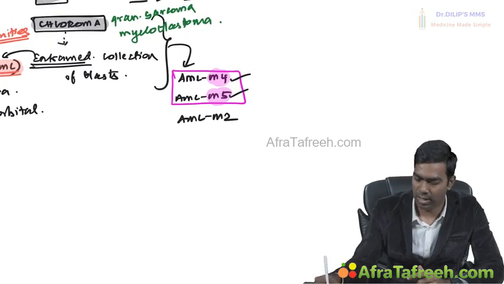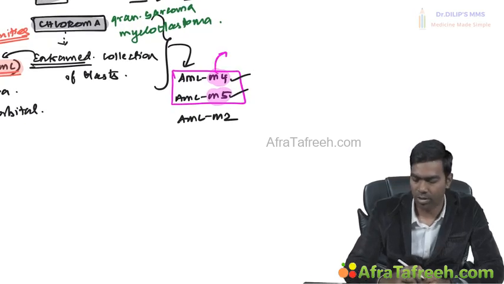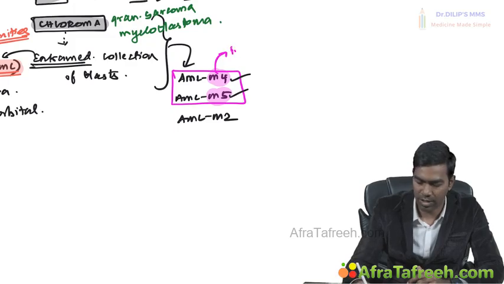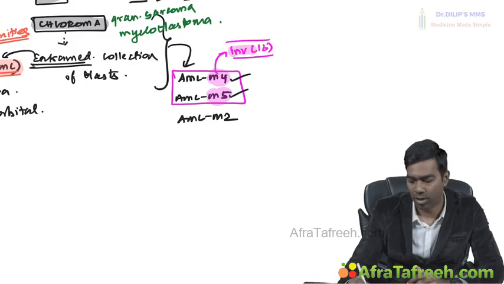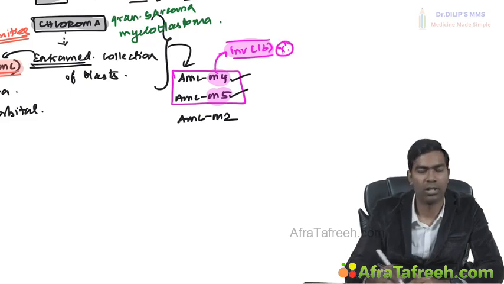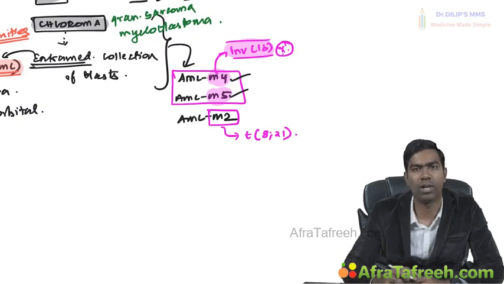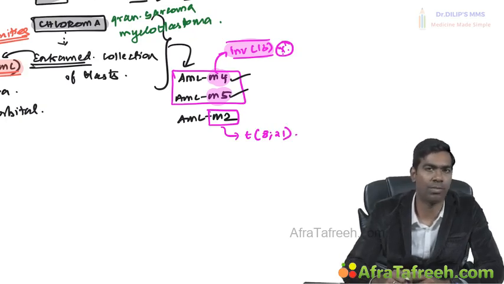Then, this AML M4 is associated with certain cytogenetic changes. For example, you have inversion 16, which is a very common entity in AML M4. This inversion 16 is a very important risk factor for developing a chloroma or a granulocytic sarcoma. Similarly, in AML M2, you will very commonly see translocation 8;21, and this t(8;21) is also associated with a very high risk of developing a chloroma.